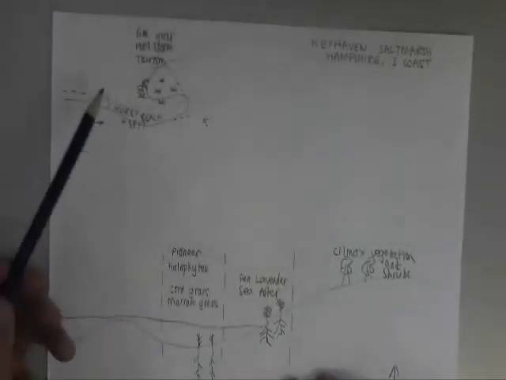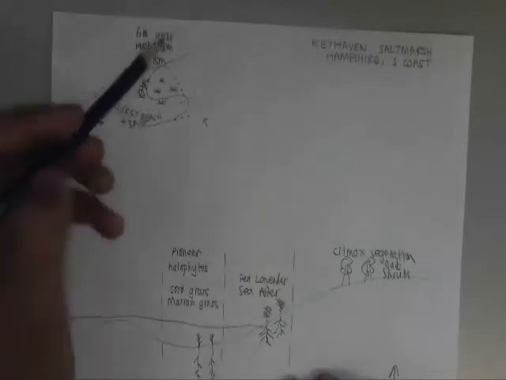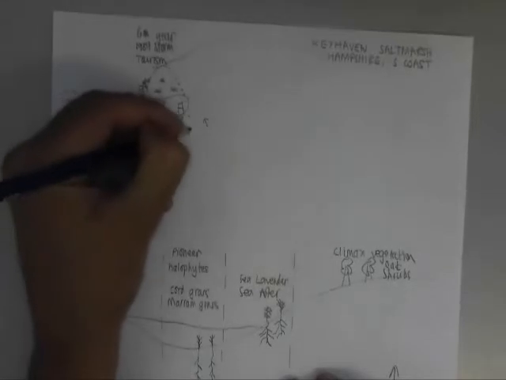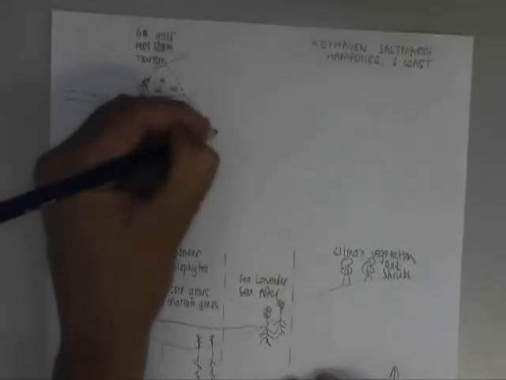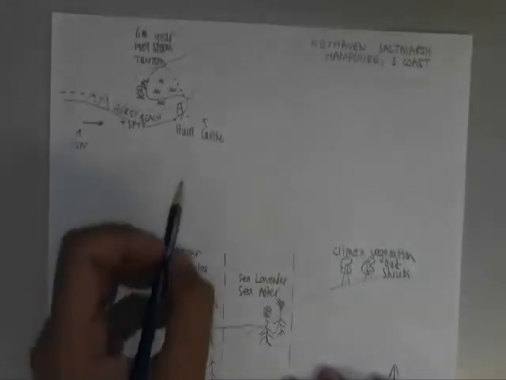Perhaps the biggest threat to the salt marsh is tourism. I've already spoken about the beach, and that will attract tourists, but also at the end here you've got Hurst Castle. Now Hurst Castle was a defensive castle built hundreds of years ago to defend the coast, and that's now become a really big tourist attraction.